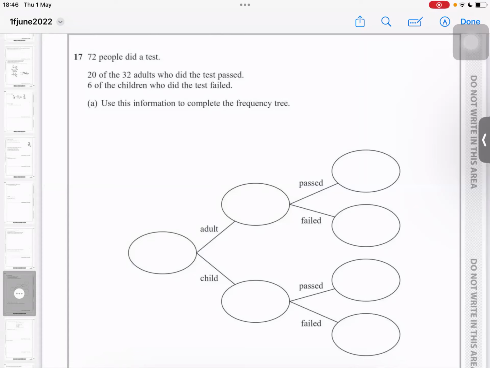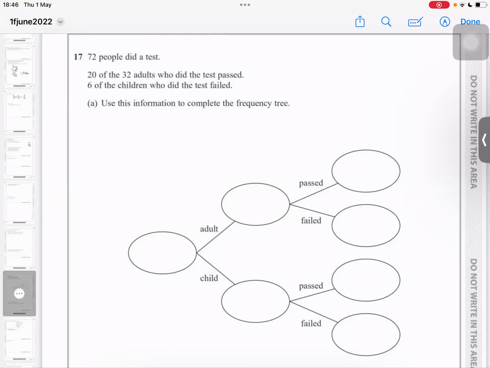That means the remaining 12 failed. 6 of the children who did the test failed. All right, we can't jump into any conclusions based on that yet, but we understand that 6 of the children who did the test failed. It says, use this information to complete the frequency tree.